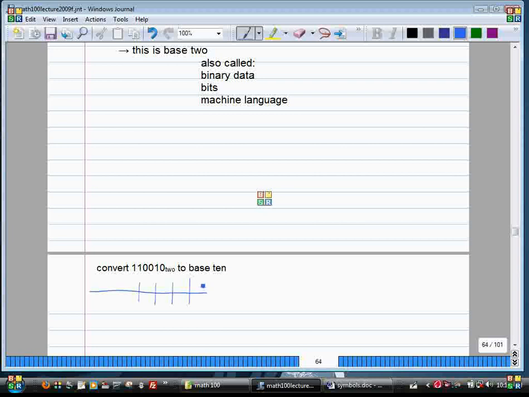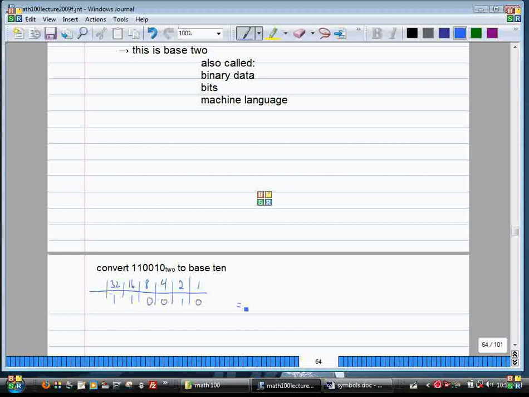So for base 2, we have 1 and then after 4 we have 8, and then we have 16. And how many of these do I need? 6, exactly. Because we've got a 6-digit number, so we've got to figure out what each of those digits are worth. So it's 1 1 0 0 1 0.